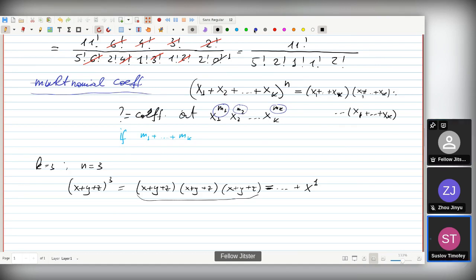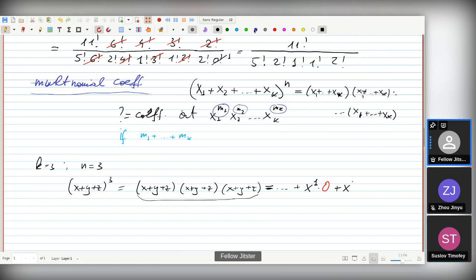No, we can't. We have two different cases. We may have x squared, or x multiplied by y. What about y? x to the power y has coefficient 0 here. Yeah, it is absent.